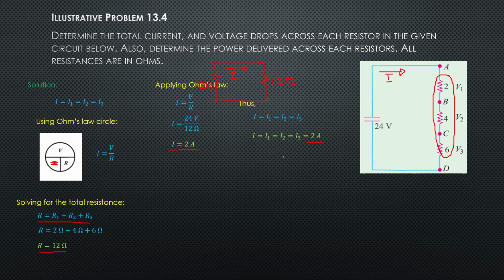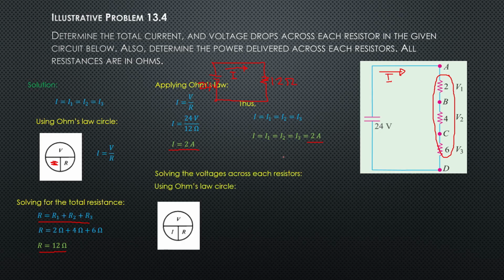Now for the voltage drop, solving for the voltages across each resistor using the Ohm's law circle. If I cover V, the unknown, that gives me V is equivalent to IR. That is V1 for the voltage across resistor 1, V2 for resistor 2, and V3 for resistor 3.